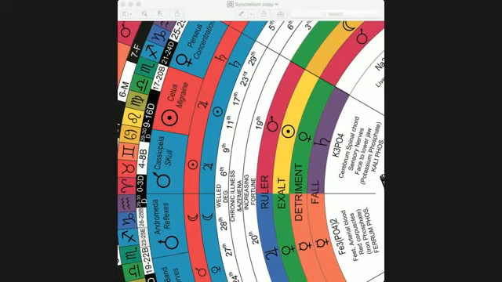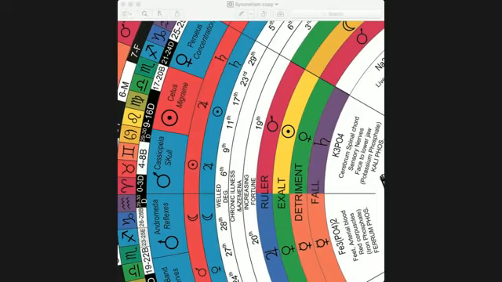Okay. Now the next 2 rings have to do with the triplicities. So you'll notice that there are 3 planets inside of them, and the blue one has to do with the night triplicities, and the red ring has to do with the day triplicities. Well, what does that mean?